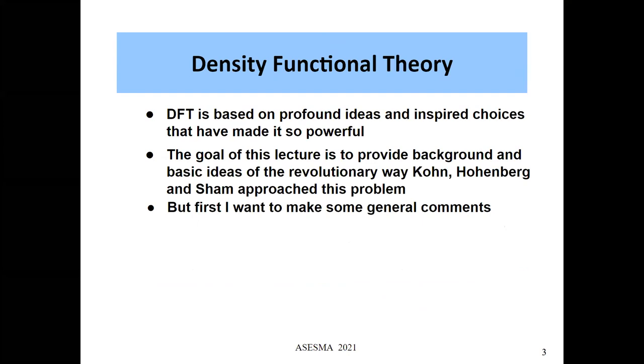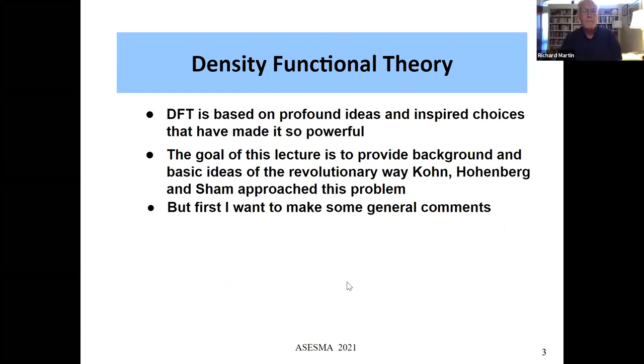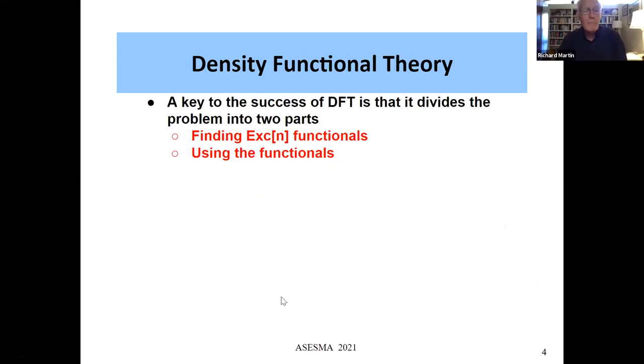And I'd like to make a couple of general comments. In my opinion, the key to success for DFT is to divide the problem into two parts. Finding the functionals and approximations that have turned out to be useful, and using the functionals.